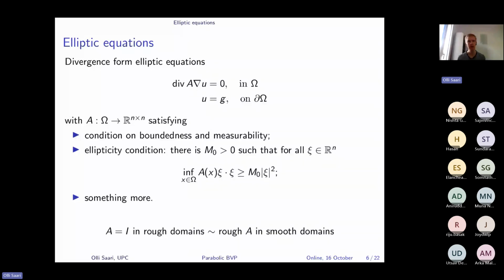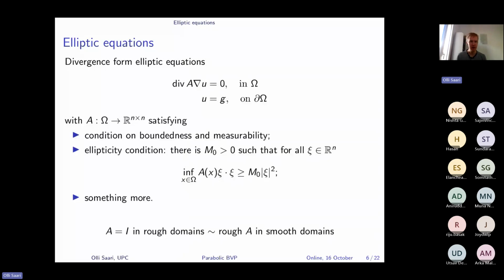So first of all, the entries of the matrix are bounded and measurable. And second, we want that uniformly in the variable x in omega, the matrix has all its eigenvalues bounded from below by some fixed constant capital N. This is the uniform ellipticity.